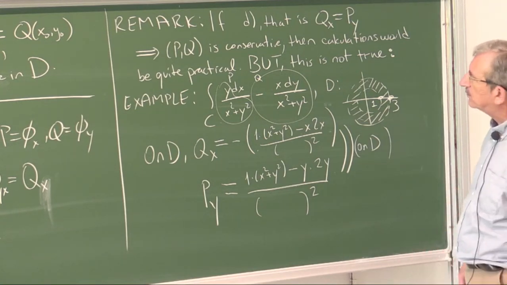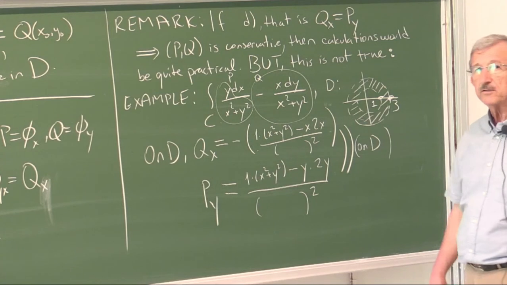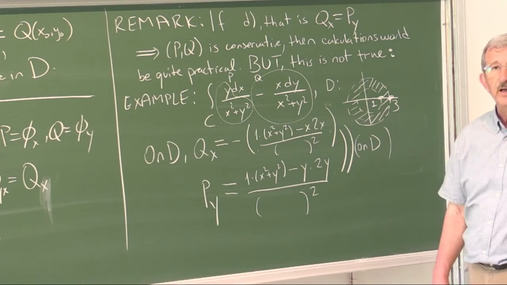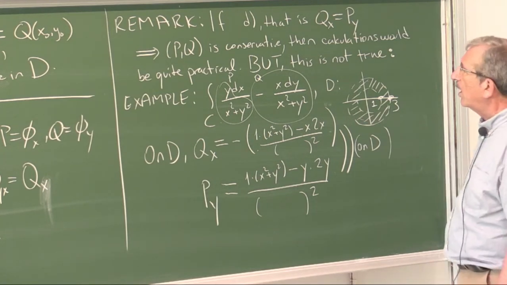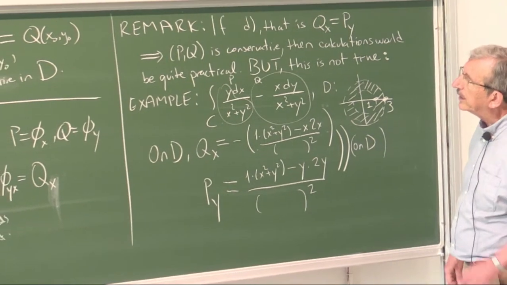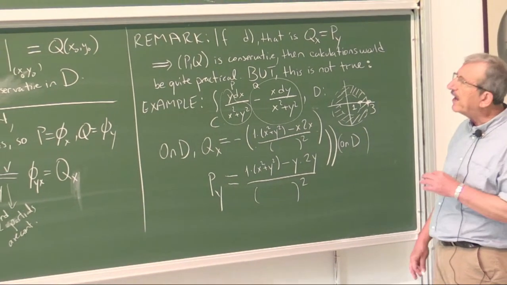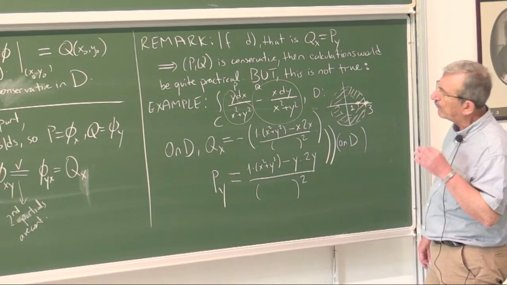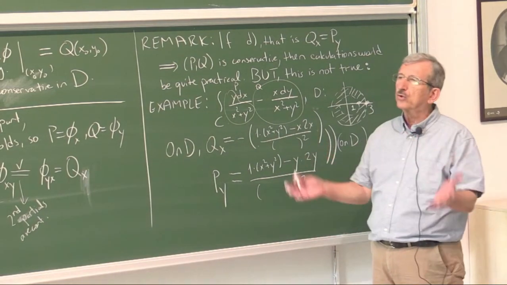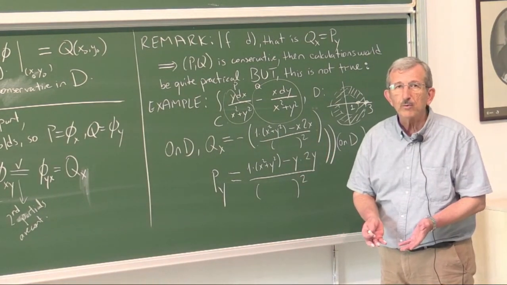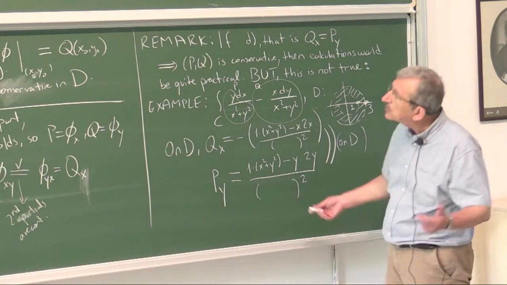That's nice. But we don't have exactness here. There's no potential function. Why? If it were exact, then, for example, on closed curves, we would have 0. Let us check.